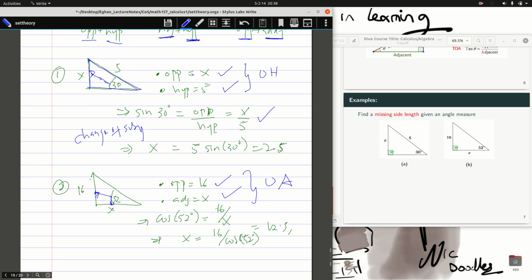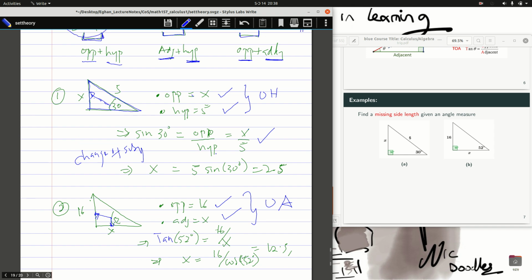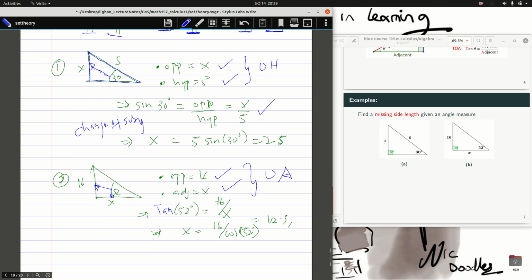Forgive me. So I can only use the tan function. That will give me the opposite over the adjacent, so 16 over x, and by change of subject I can find x by doing a cross multiplication. So instead of cos, I have tan 52. Let me just rewrite this well. So I have 16 over tan 52, giving me 12.5 with some decimals. So that is how simple it is. Okay.